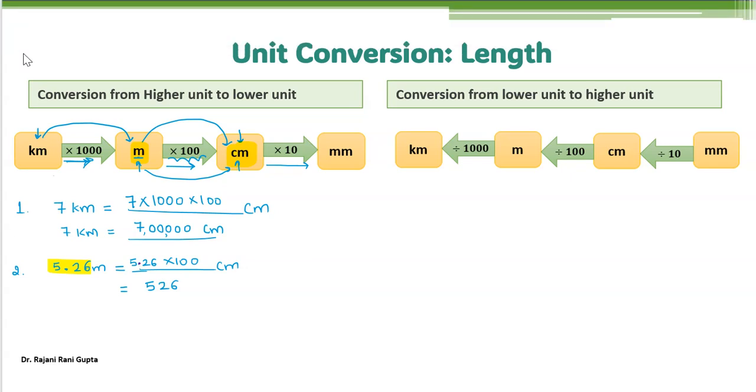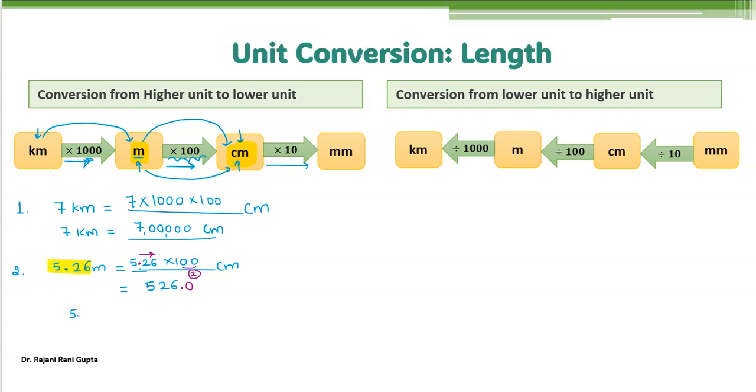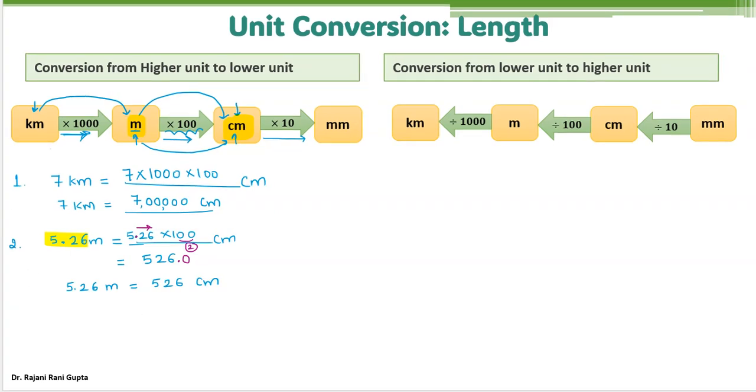It is here, and there are 2 zeros, so this decimal point moves 2 places towards the right. It will reach here. So we write 526 point 0, or you can simply write 526. So what is the answer? 5.26 meters is the same as 526 centimeters.